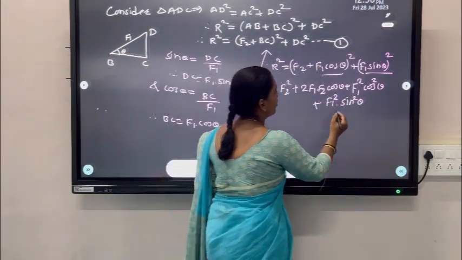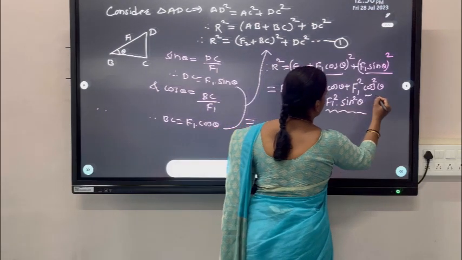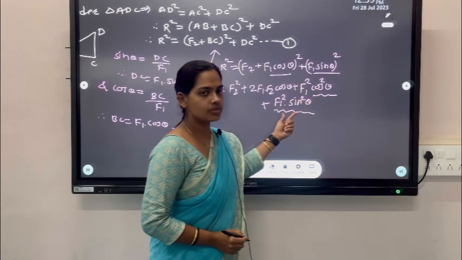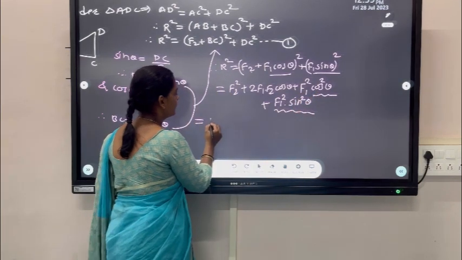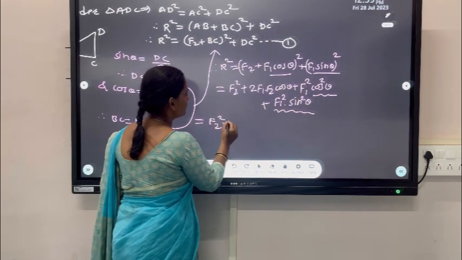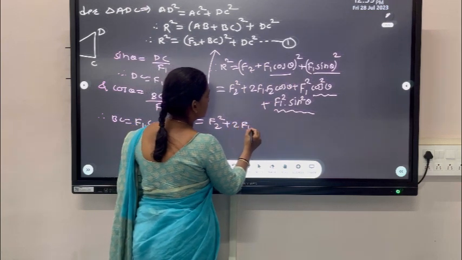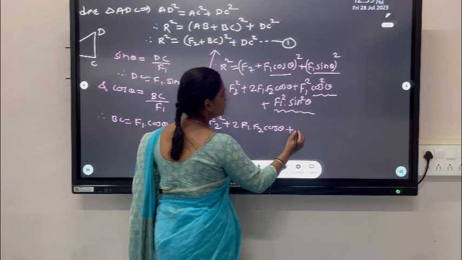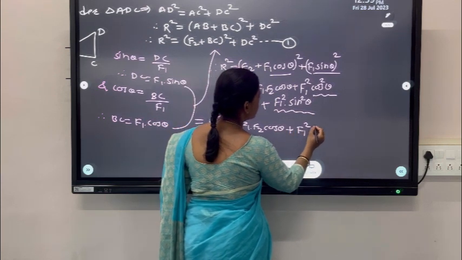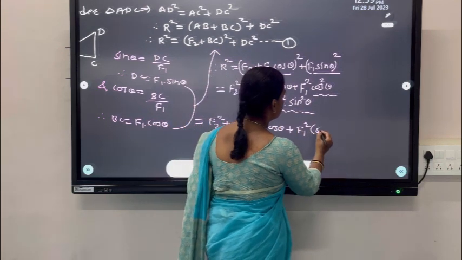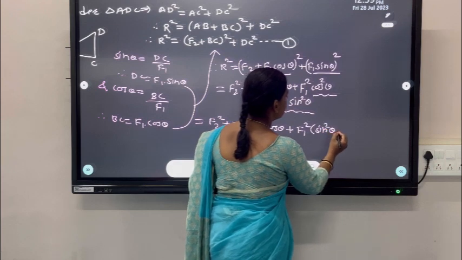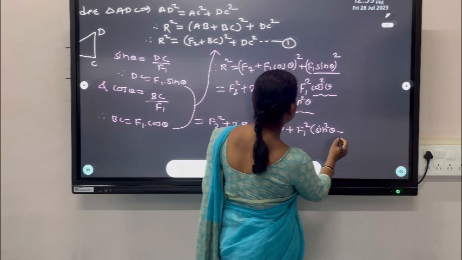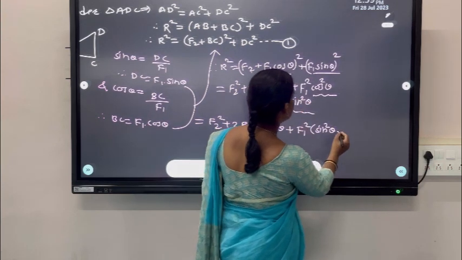So, may I take common F1 square from these two terms? Therefore, F2 square plus 2 times F1 into F2 cos of theta plus F1 square is the common term into bracket sin square theta plus cos square theta.